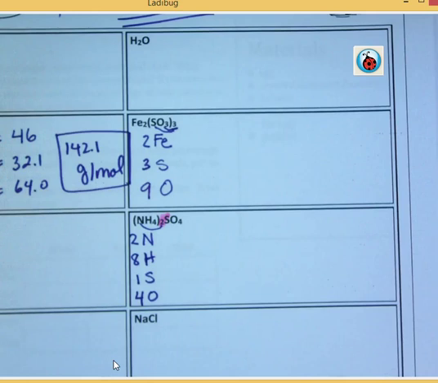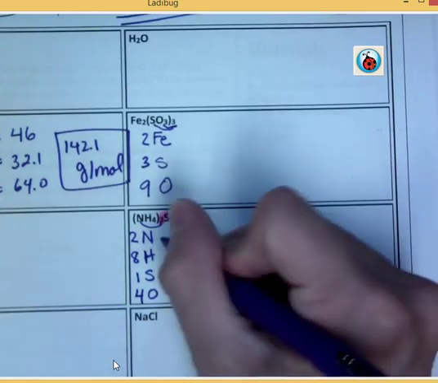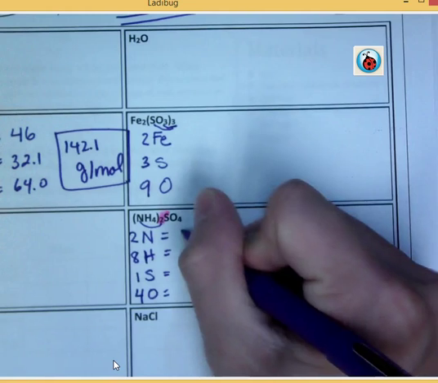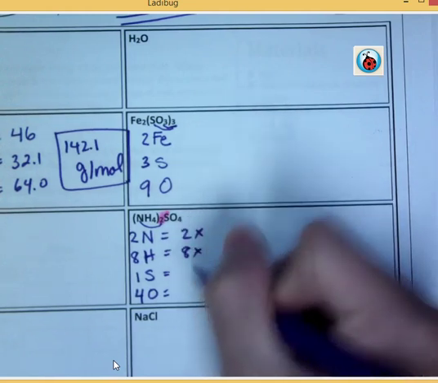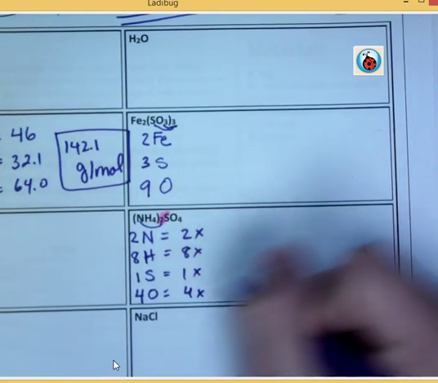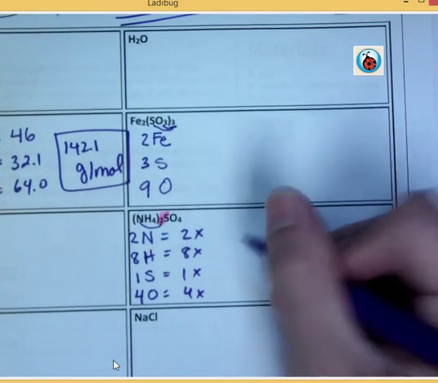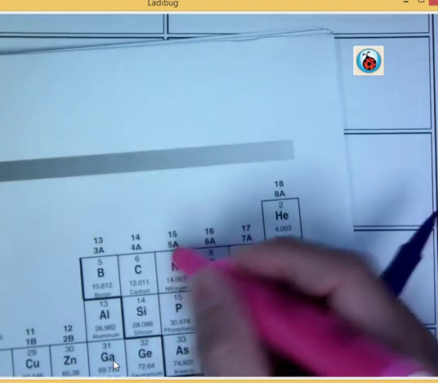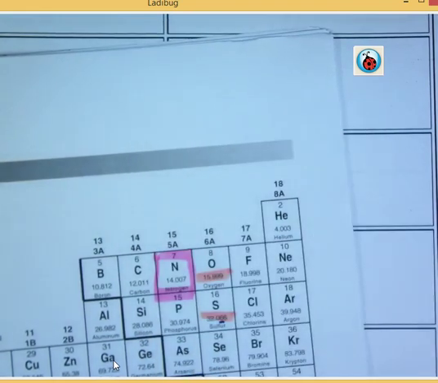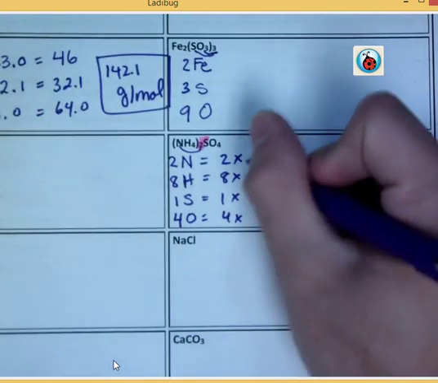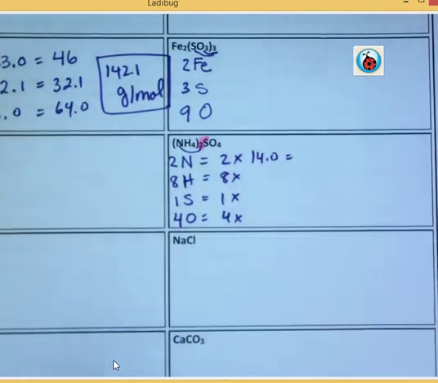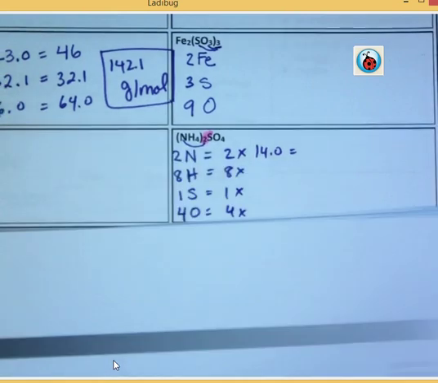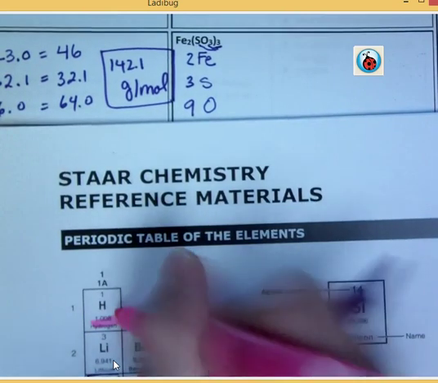Okay. We'll get the masses of these. 2 times, 8 times, 1 times, 4 times. 2 times the mass of nitrogen, which is 14.007 right there. So that's 14.0. Hydrogen, all the way over here, 1.008.